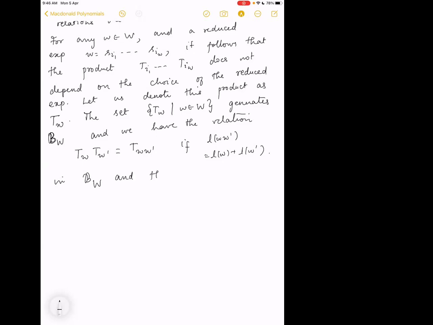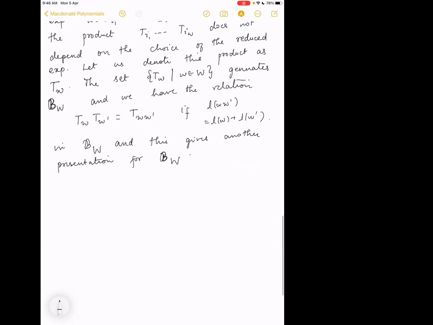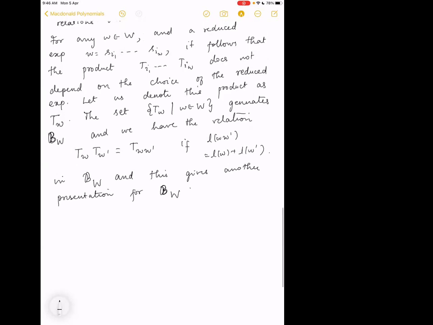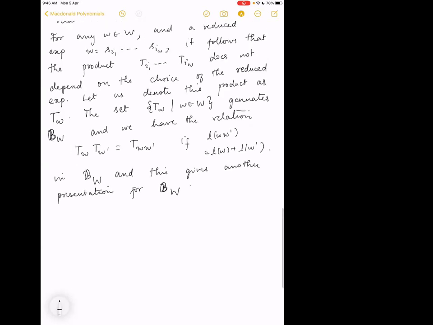If the length is less, this won't hold true, because I have not killed T_i squared.